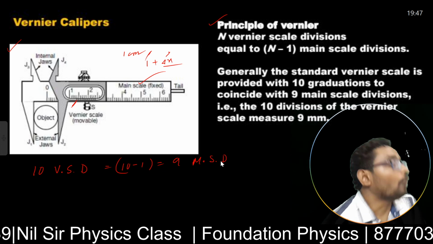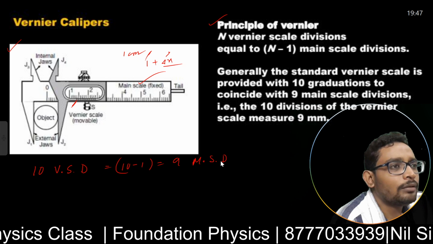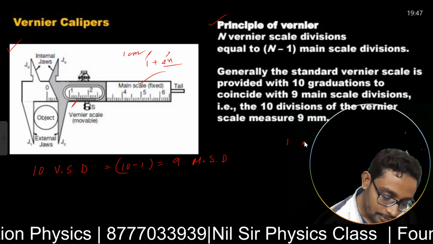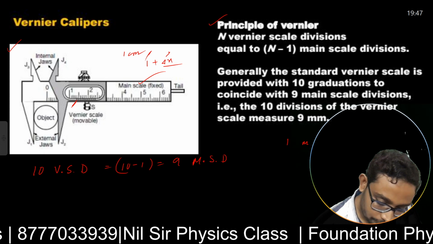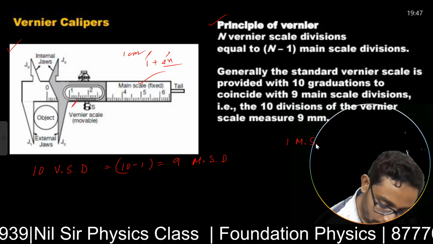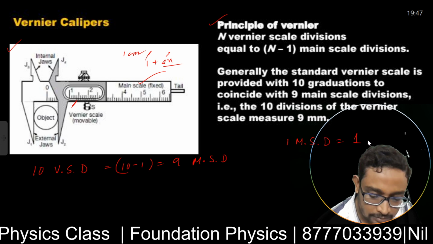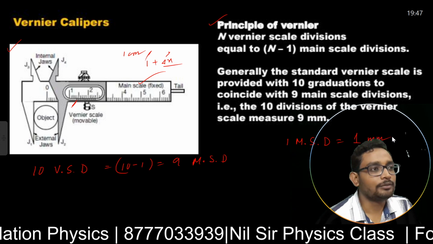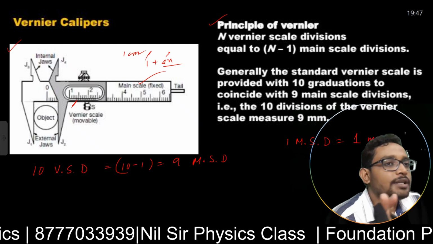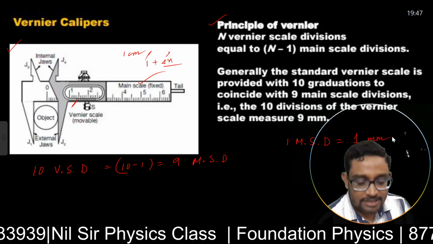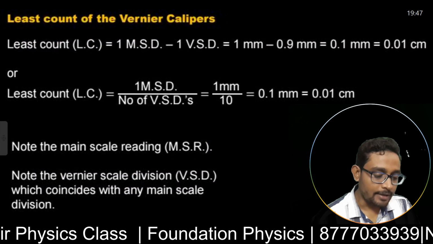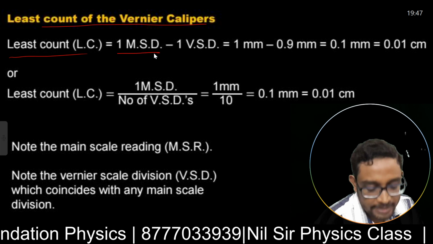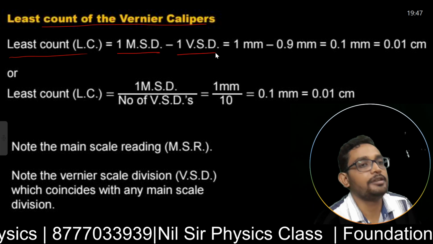Correct? Now, 1 main scale division is equal to what? 1 millimeter. The least count of a vernier calipers can be defined as: least count equals 1 main scale division minus 1 vernier scale division.